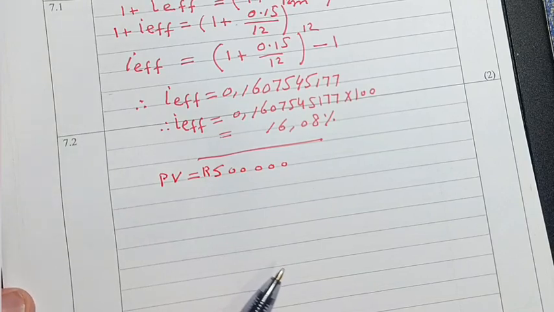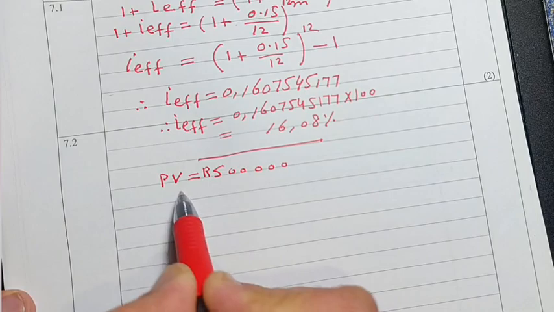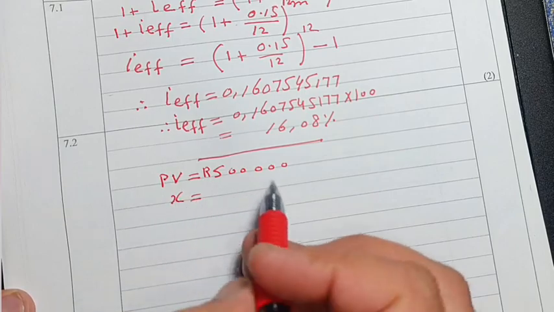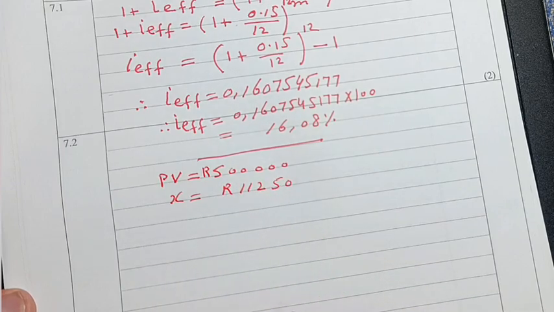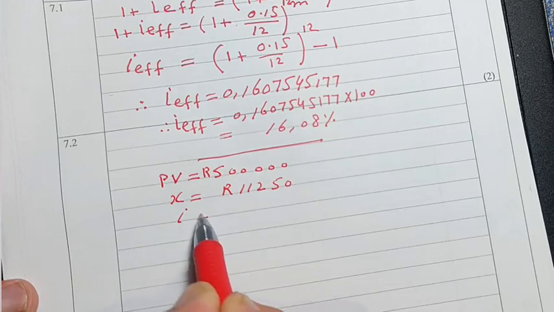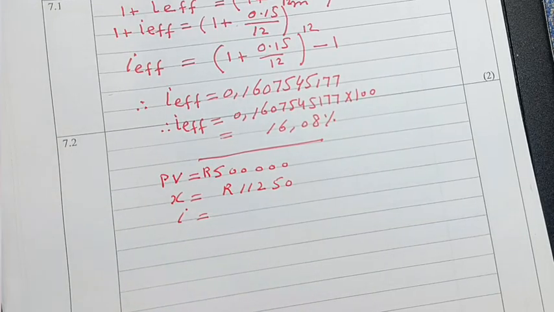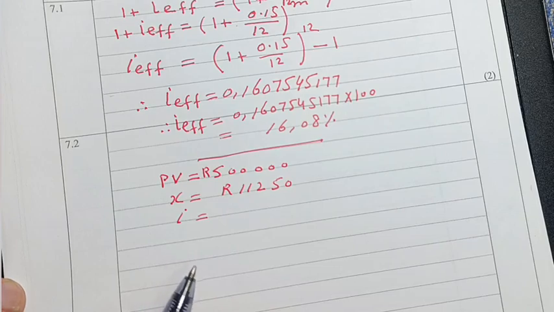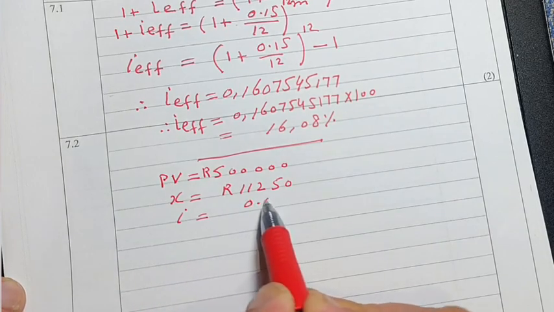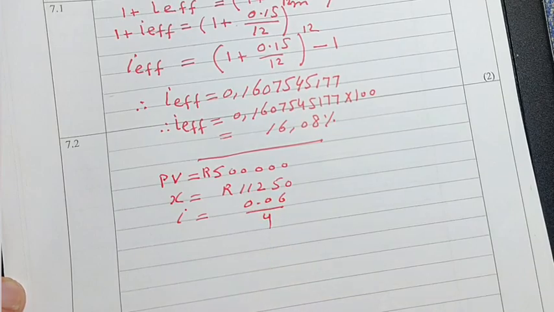Then the x value which we have is 11,250, which he draws. The interest rate is compounded quarterly, which means in a 1 year term, quarterly means 4. The interest rate is 6%, so it's going to be 0,06 over 4.